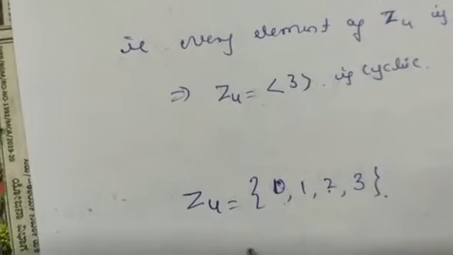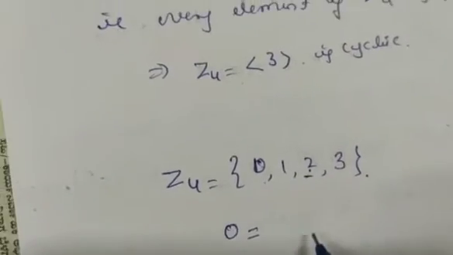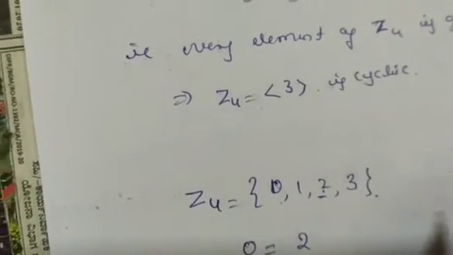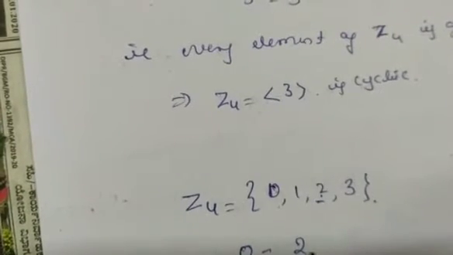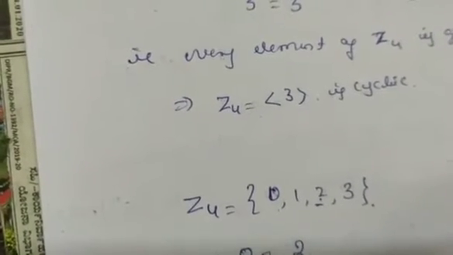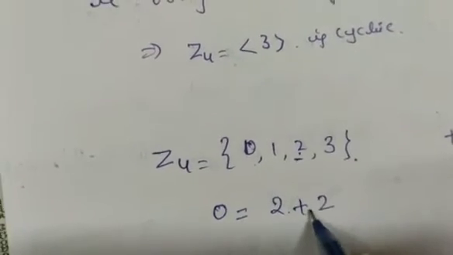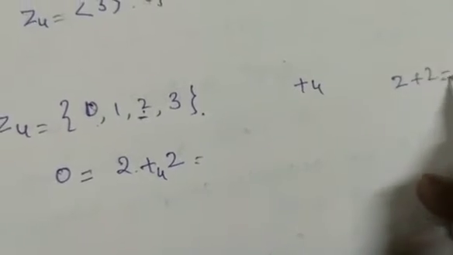So we have to express this 0 in terms of 2. Here it is addition modulo 4. Addition mod 4 means you have to add 2 numbers, then divide by 4, and you should get the remainder 0. So 2 plus 2 is equal to 4.